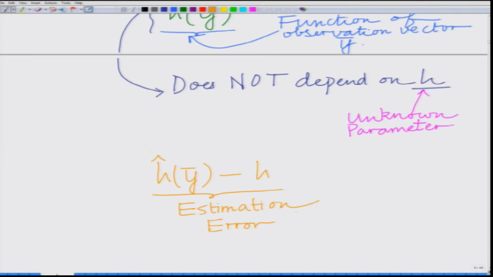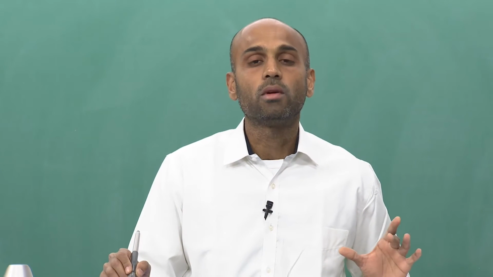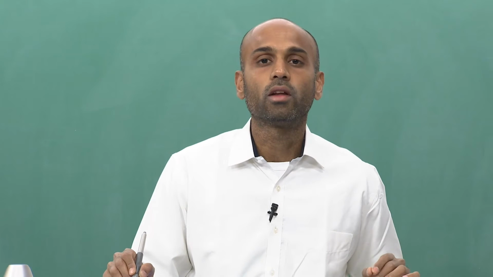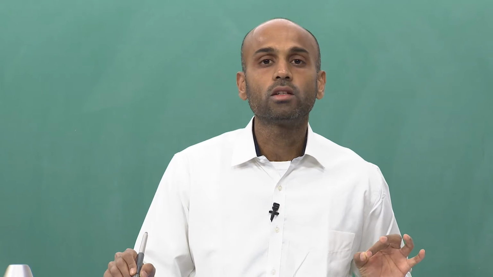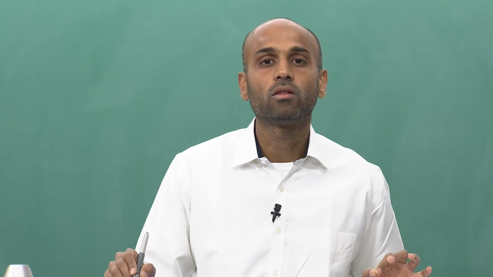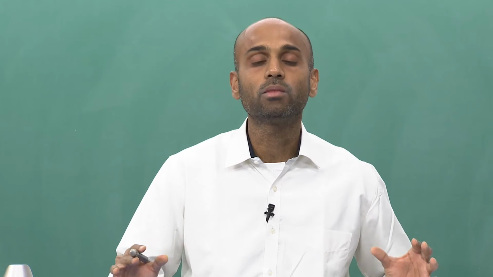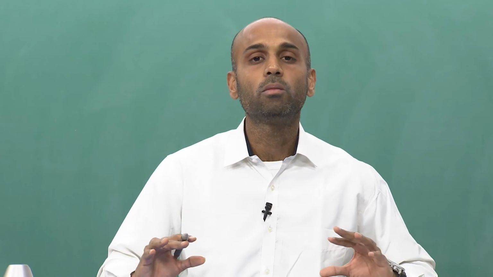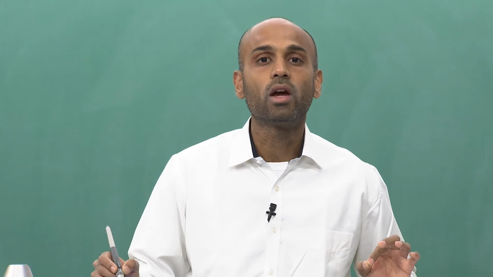Okay. And what I am going to do is consider the square of the estimation error, because I can have a scenario in which the estimation error is positive and negative and they cancel each other, all right. So, I am interested in minimizing the absolute value of the error. Also, I am going to consider the square of the estimation error, and more importantly I am not interested in minimizing a particular instantiation of the estimation error; rather I am interested in minimizing the estimation error in an average sense. That is, if I repeat this experiment several times, I would like to come up with an estimator which minimizes the average estimation error. That is also termed the mean squared error of estimation.